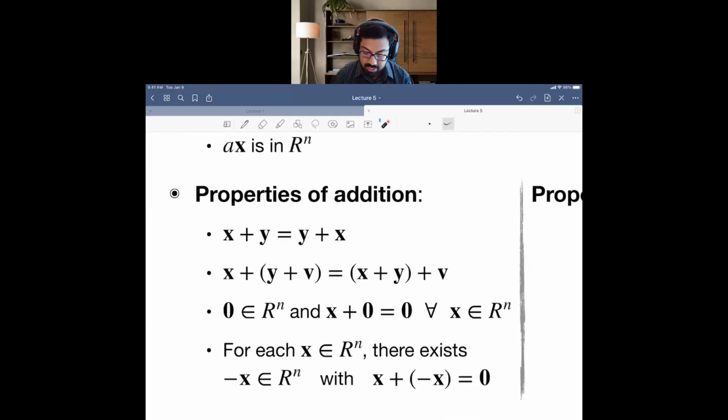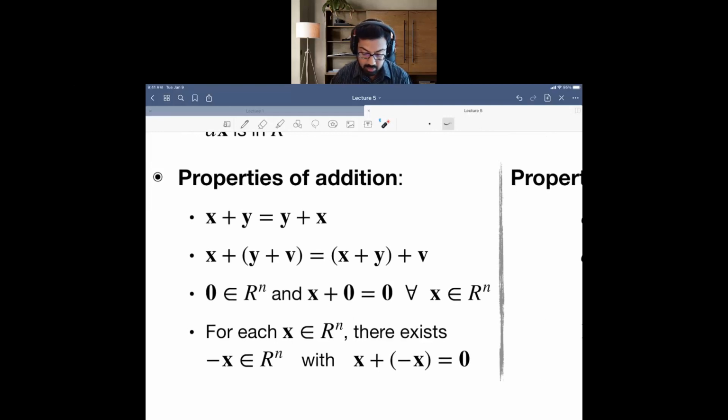Next, let's take a look at properties of addition over here. If you add two vectors in R to the n, the order of that addition doesn't matter. Just as order did not matter in matrix addition, even when you're doing vector space addition, the order is not going to matter. So addition is commutative over here. Addition is also associative.